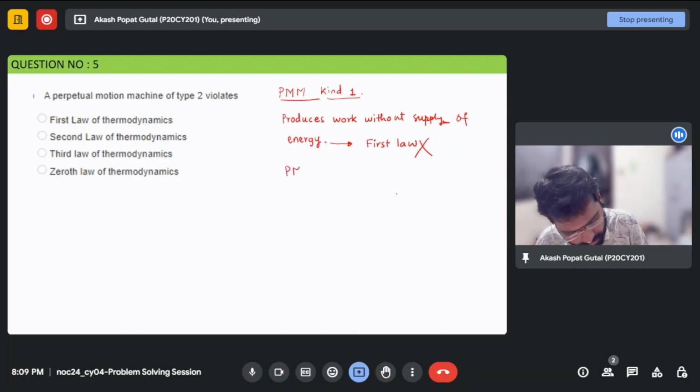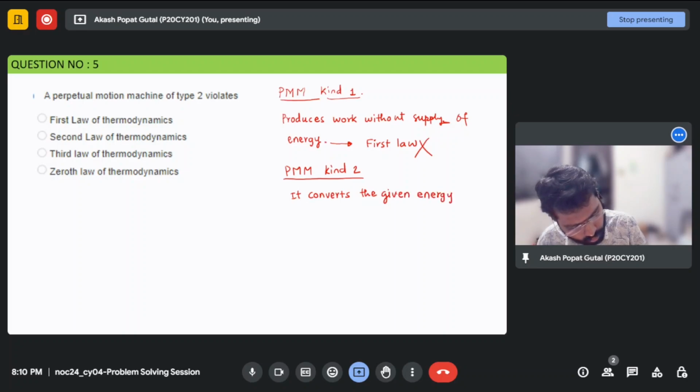So perpetual motion machine of kind 2 converts the given energy totally into work.